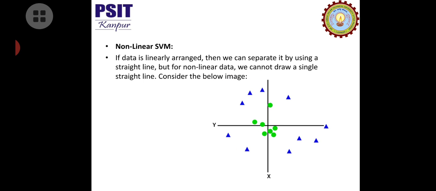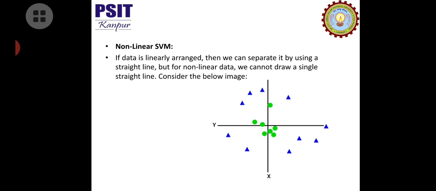Nonlinear SVM. The previous case is for linear. In the case of linear, data is linearly arranged and we can separate it by using a straight line. But in the case of nonlinear, we cannot draw a single straight line. In this diagram, you can easily understand that this is not a linear case.